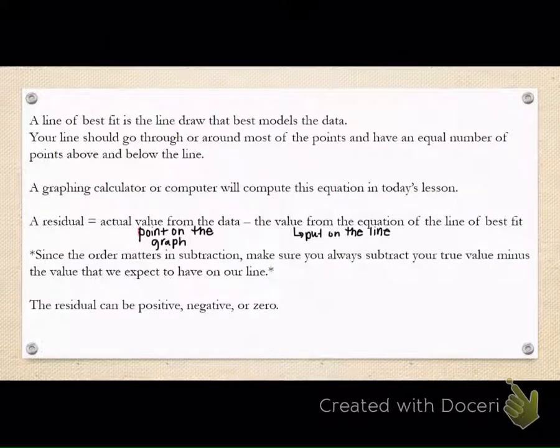Since the order matters in subtraction, make sure you always subtract your true value, which was a given value, the original point, minus the value you expect, which is based on your line. The residual can be positive, negative, or 0. If it's below the line, it's negative. If it's above the line, it should be positive.